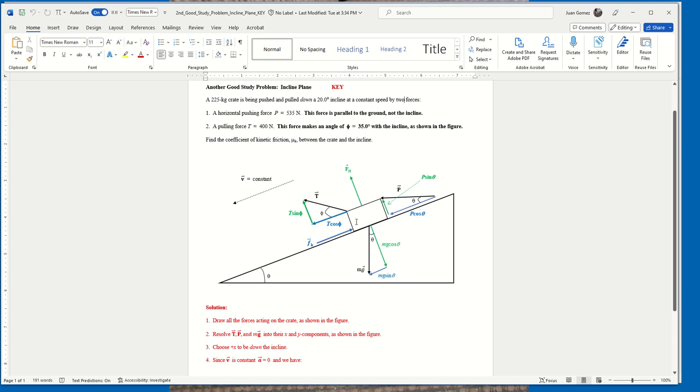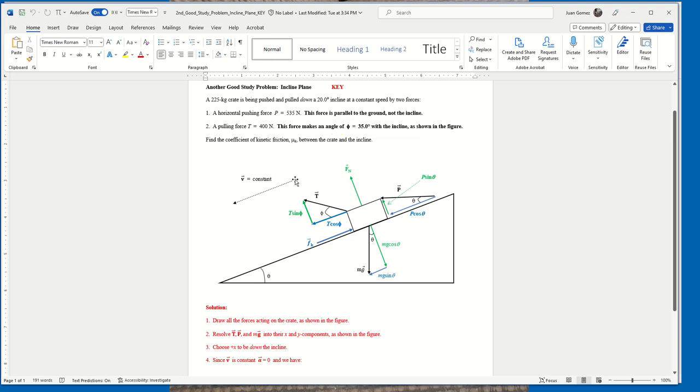Now remember, by now you should know an object in contact with a surface, the crate, is in contact with the incline. Fn is the normal force of the incline on the crate. Again, notice that green vector representing Fn is clearly perpendicular to the incline. Now remember, the object is sliding down the incline and there's friction.